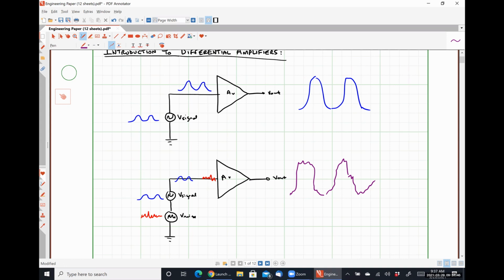Her options are threefold. She can reduce her sensitivity to the noise. She can decrease the noise coupling, or she can decrease the noise level overall. So to decrease the noise level overall, she could say, hey, Chris, shut up.